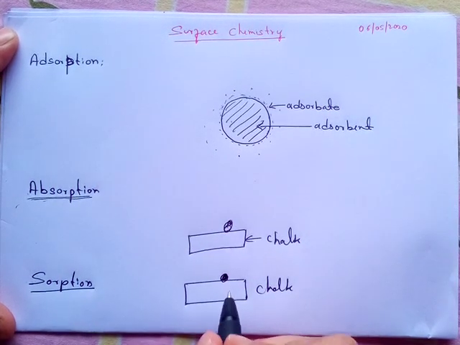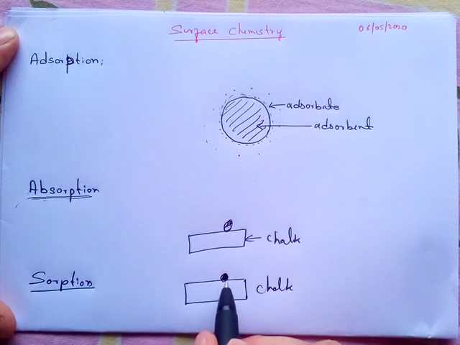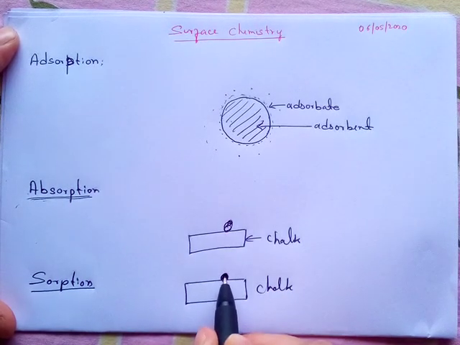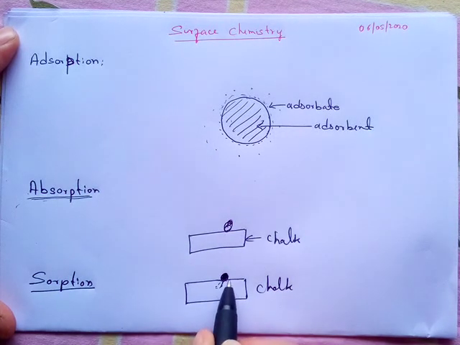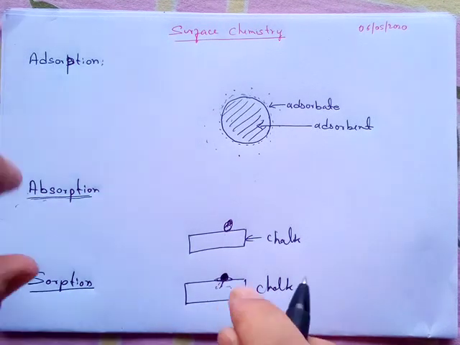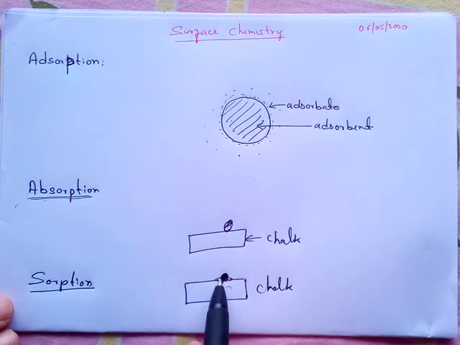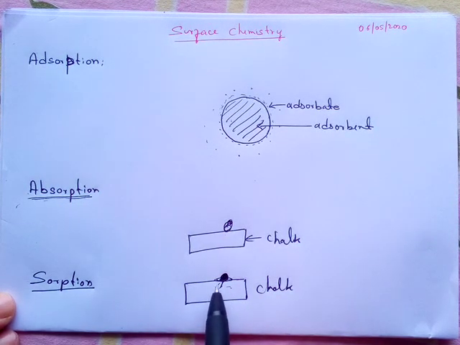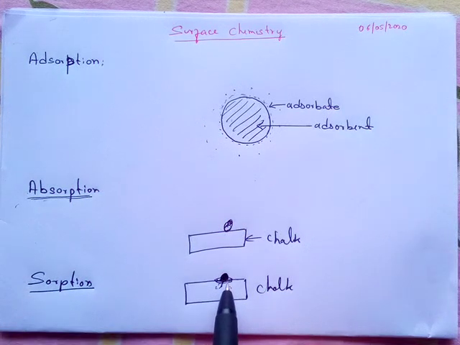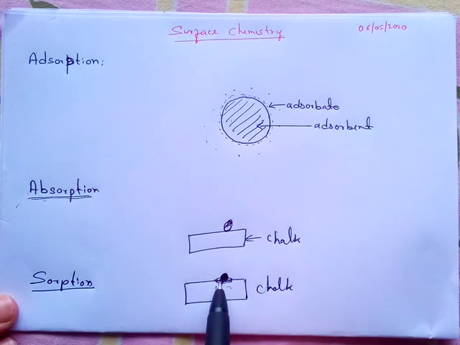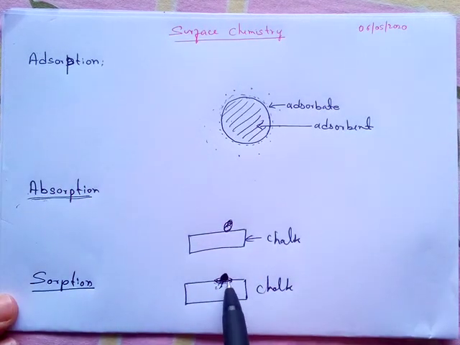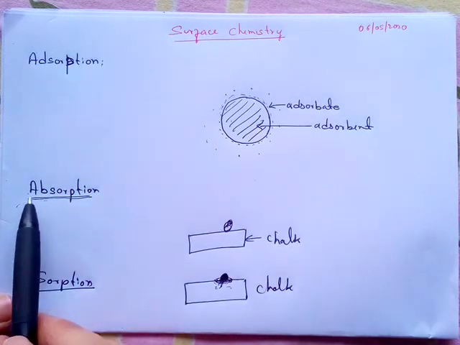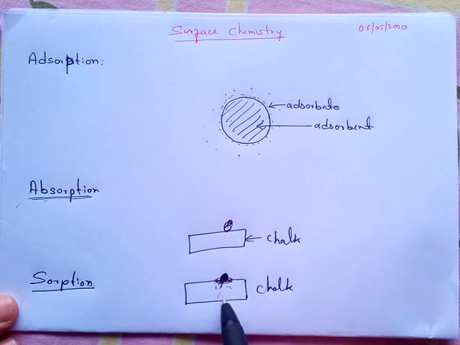What we'll notice is that the water present in the ink will get inside the chalk, whereas the dye particles remain at the surface of the chalk. If you break the chalk, you will notice that the color component won't enter much deeper, it will be at the surface only. So accumulation of the particles at the surface is adsorption, and going inside the bulk is known as absorption. And if both processes take place, then we call that process sorption.